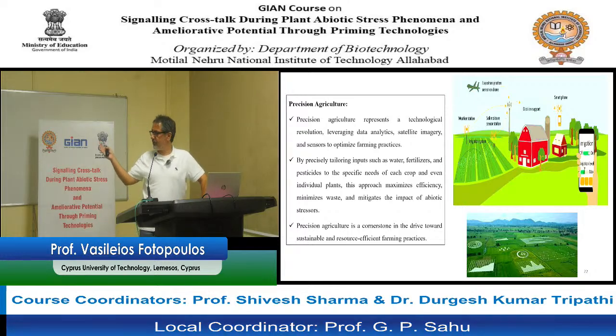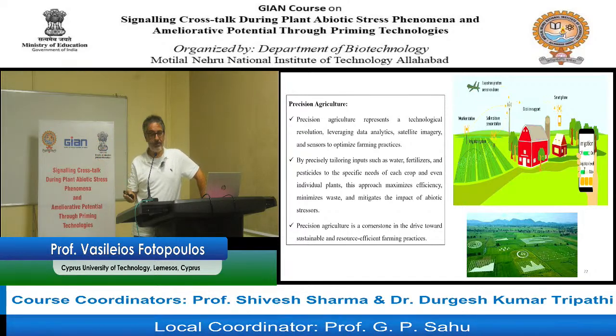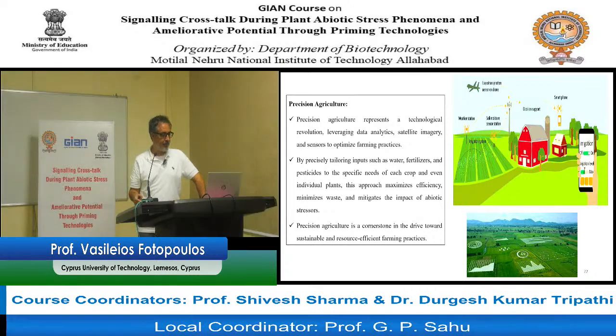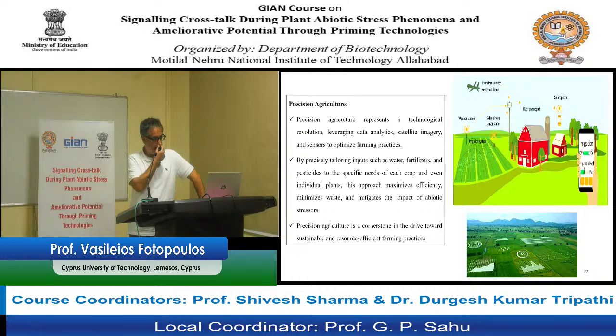So first, of course, we mentioned the concept of precision agriculture that is heavily applied also in India, because it represents a technological revolution, leveraging data analysis, satellite imagery, UAV imagery as well as sensors, as I mentioned before, that are sensing multiple different components such as soil humidity, soil acidity, soil salinity, temperature, you name it.